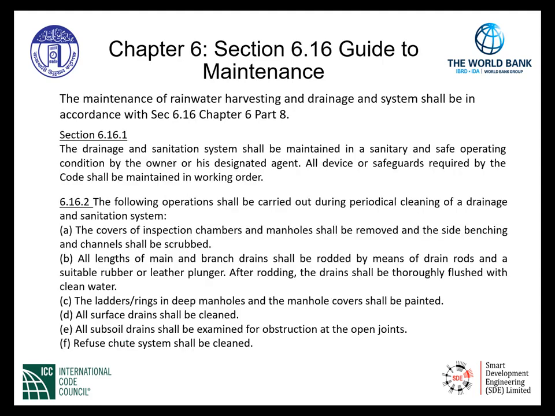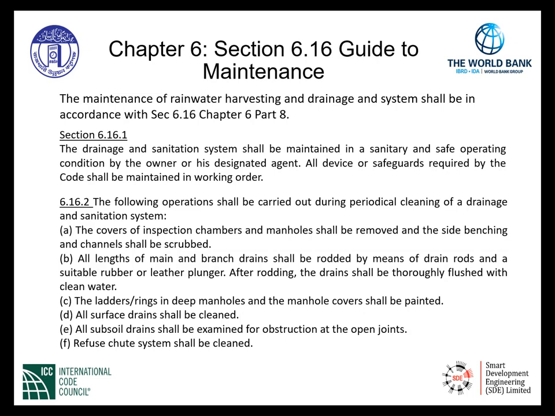In order to keep the rainwater harvesting and drainage system in peak operating condition and clean, maintenance is important. That's why we are referred to Section 6.16 of Chapter 6 for these requirements.